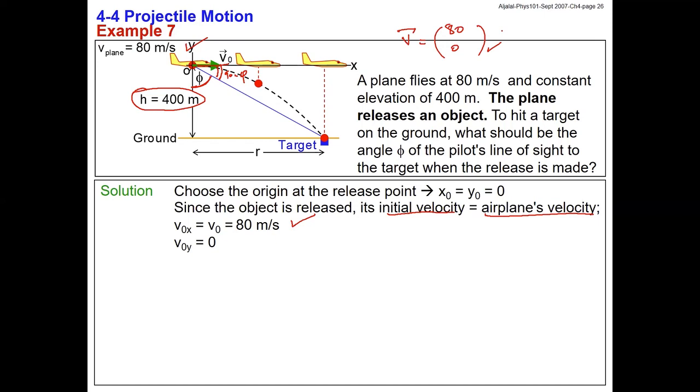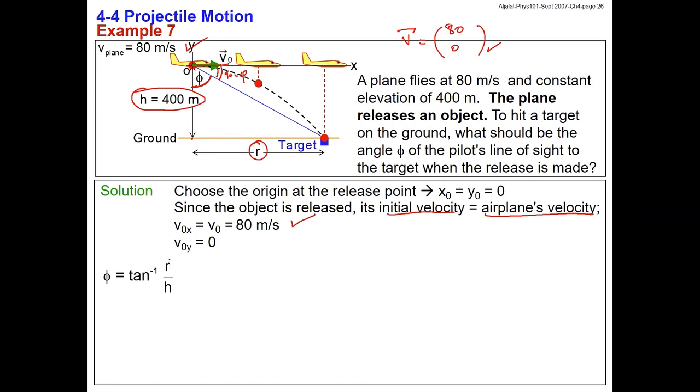Now, what is the horizontal distance between this point and this point? I call it r. By the way, this r is not range. So don't use the formula of the range, because I told you for range you have to start at the same height and end at the same height. So this angle phi that I want will be tan inverse of r divided by h.